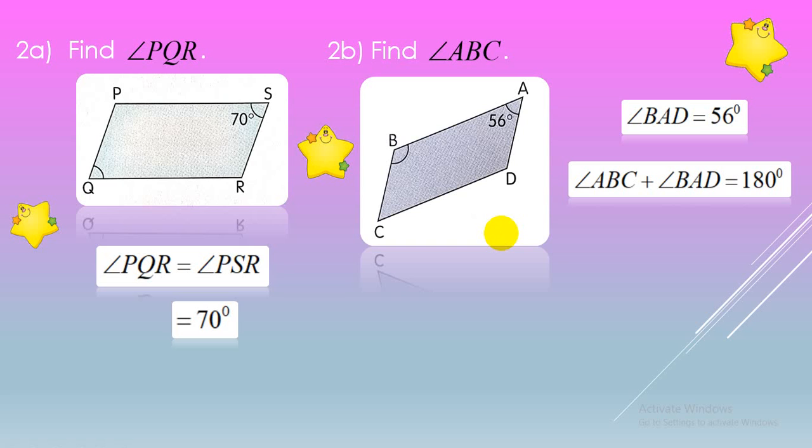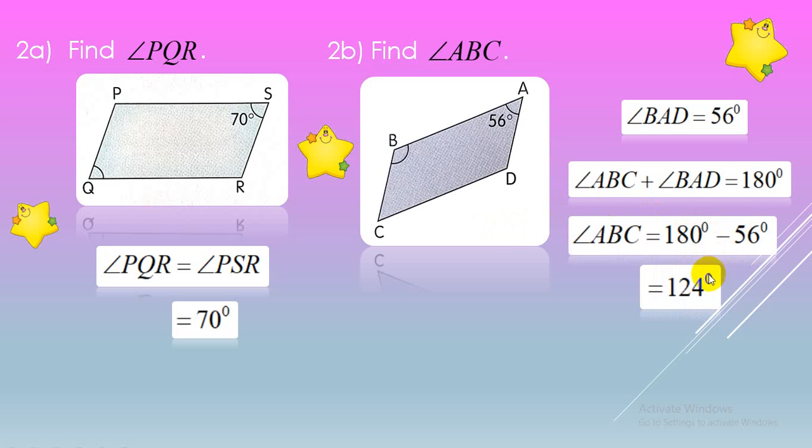That's why angle ABC equals 180 degrees minus 56 degrees. The answer is 124. Look at this one. The point is side by side. The total is 180. Acute and obtuse.